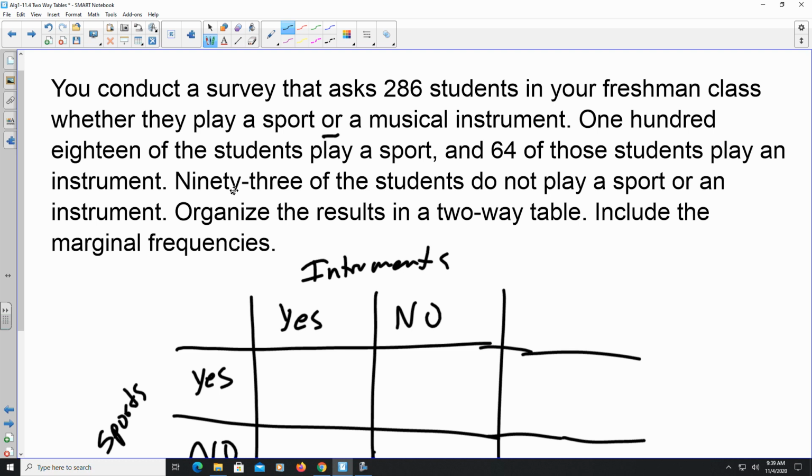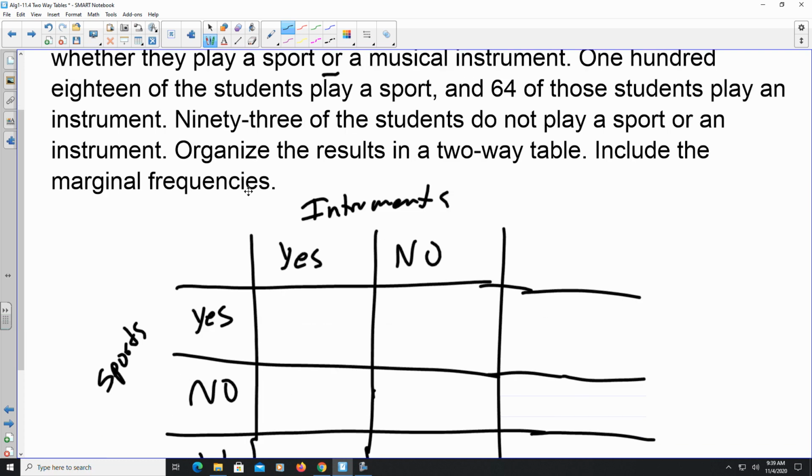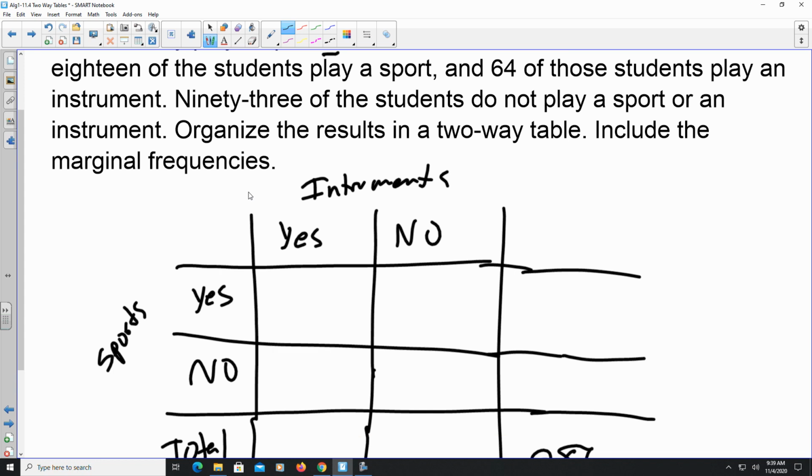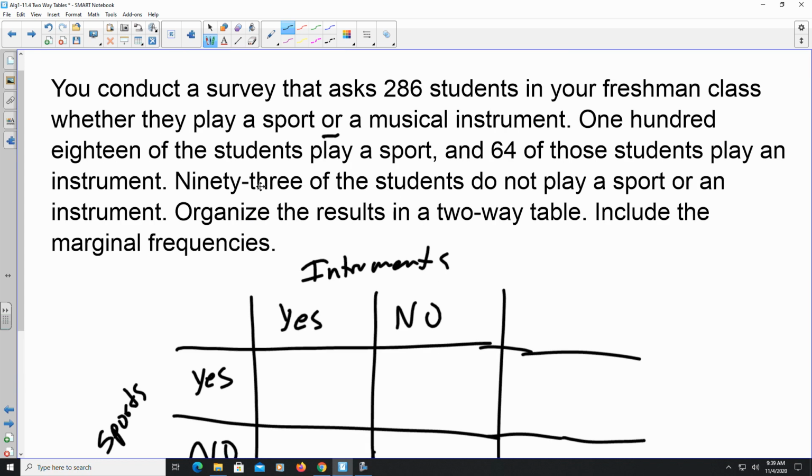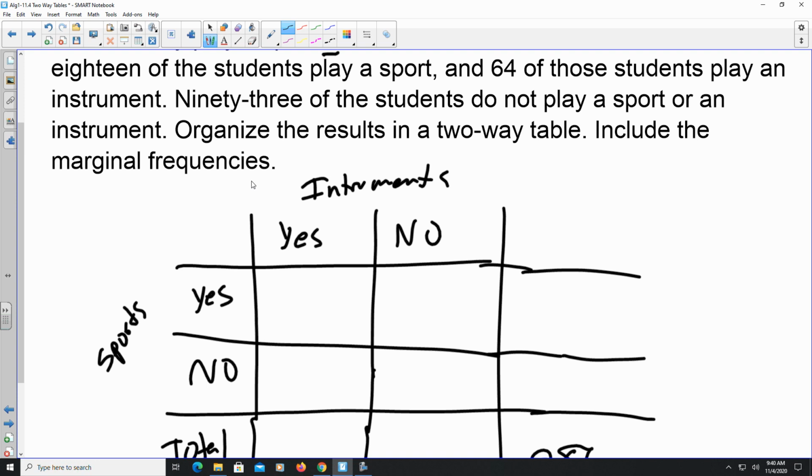Next, it says 118 students play a sport. So 118 students play sport total, so that will go here under yes.